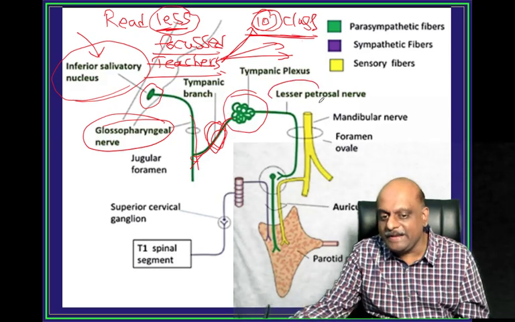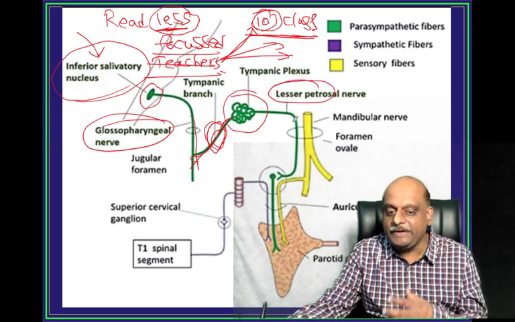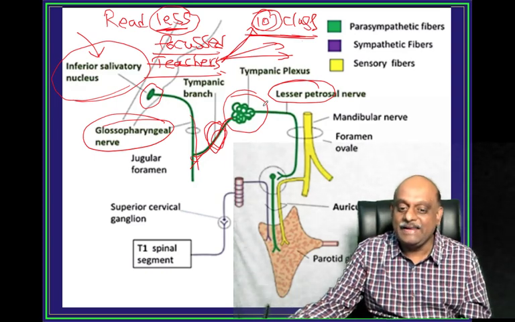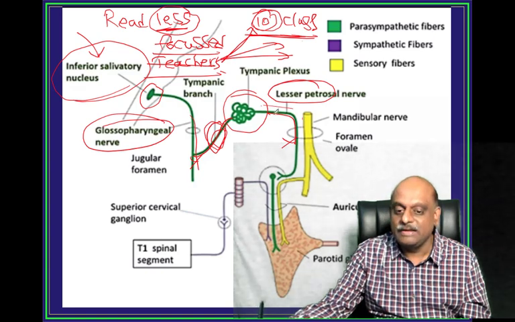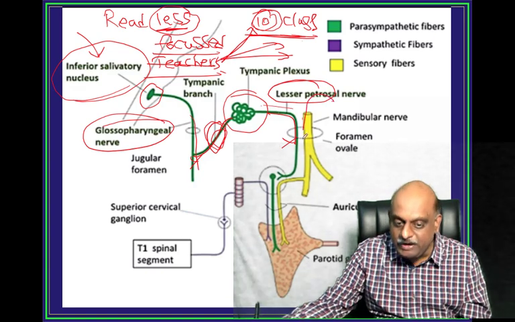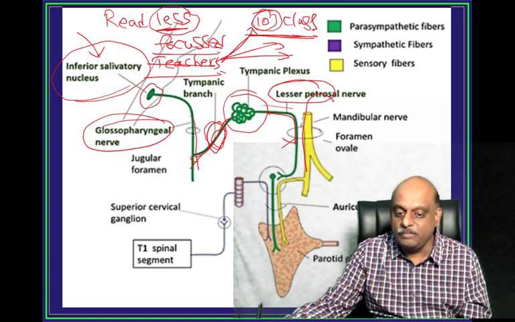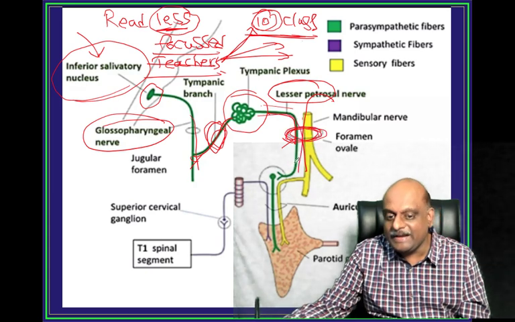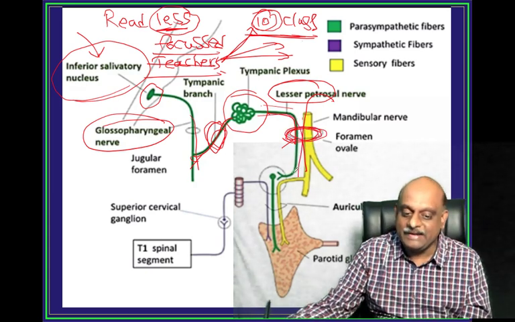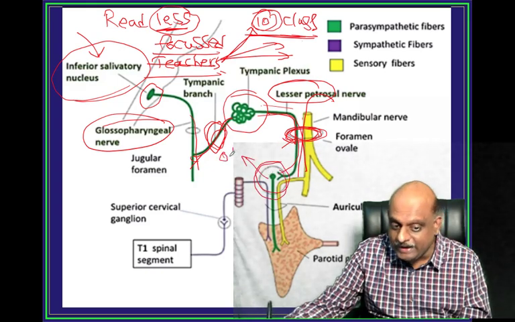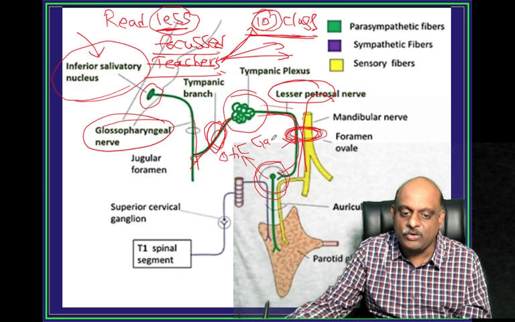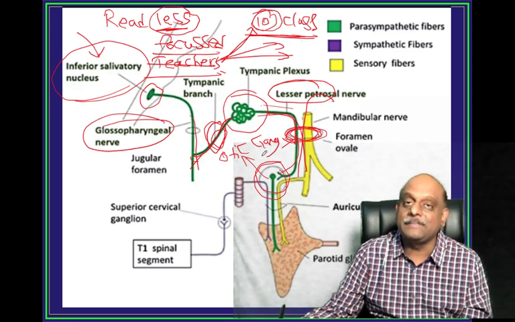From the tympanic plexus comes the lesser petrosal nerve. This lesser petrosal nerve and the mandibular nerve, which comes out through the foramen ovale, both come and reach the otic ganglion. Otic ganglion is what you should remember.